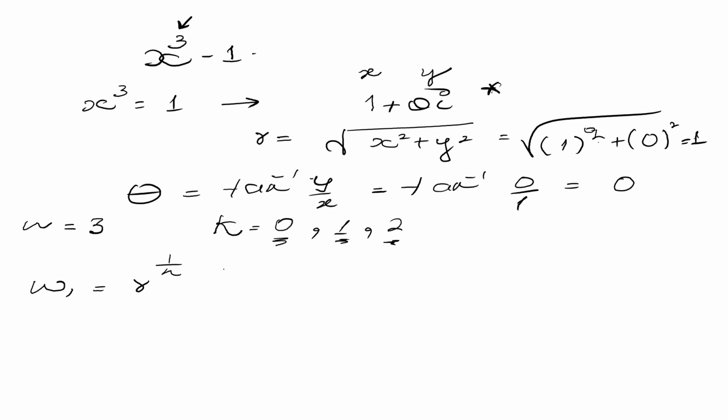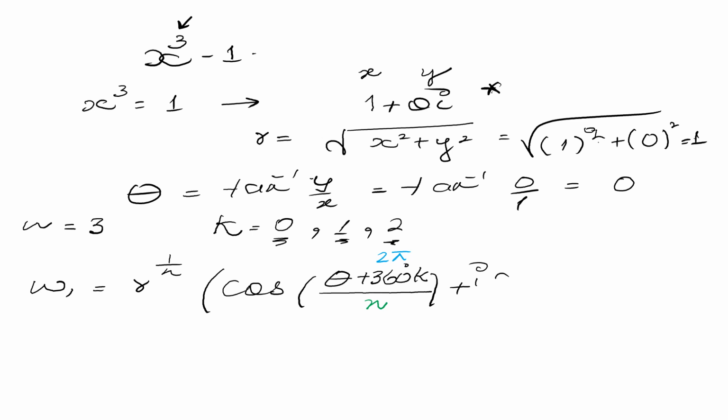Then write in polar form, that means cos of theta plus, in order to find the roots, we have a formula: theta plus 360k if you are working in degree mode, and if you are working in radian mode, rather than 360 you will write 2 pi, and divided by n, plus i sine of the same angle, theta plus 360k over n.